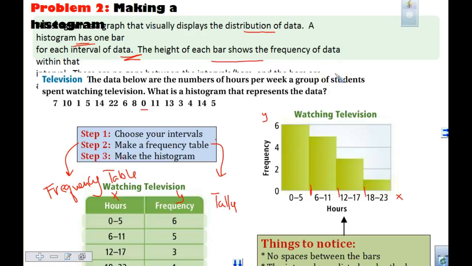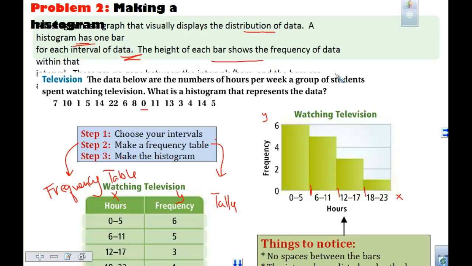So if you turn to the next page in your notes, and you kind of look at making it, and then it talks about what it is. So a histogram is a graph that visually displays the distribution of data. A histogram has 1 bar for each interval of our data.